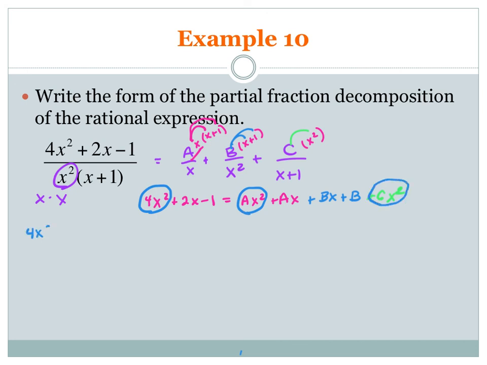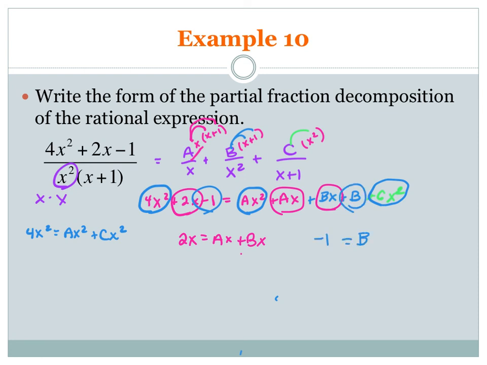So 4x squared would equal Ax squared plus Cx squared. I'm going to group together all the x's. So 2x would equal Ax plus Bx. And then the last remaining one, which is the constants, -1 and B.